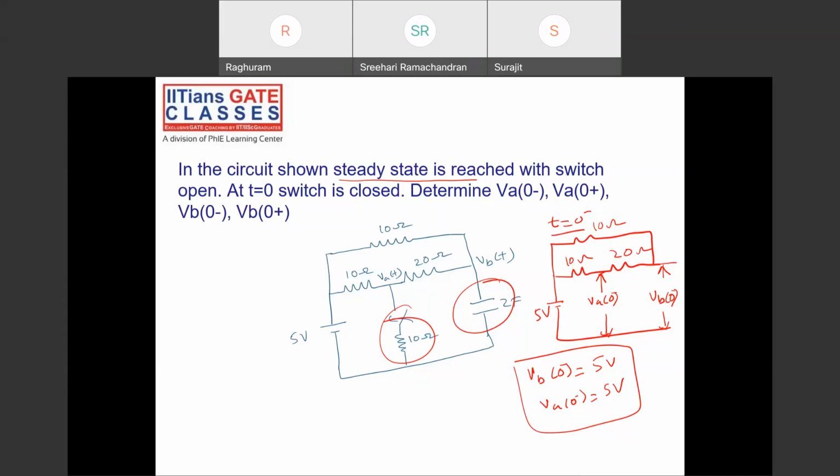Let me think once again. VA of 0 minus won't be 0 volts for sure. Will there be voltage division or not?